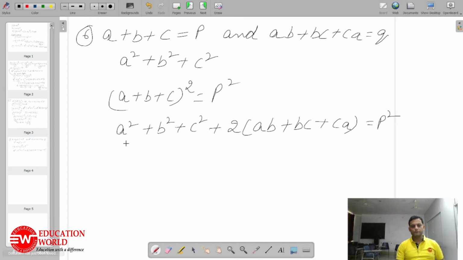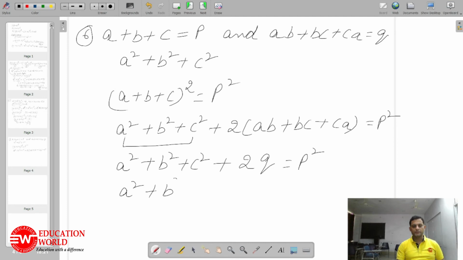This value we have to find, so we will keep it as it is, plus 2 times ab... is q, so p square. So a square plus b square plus c square is p square minus 2q.